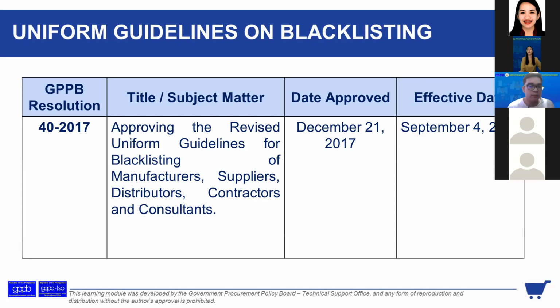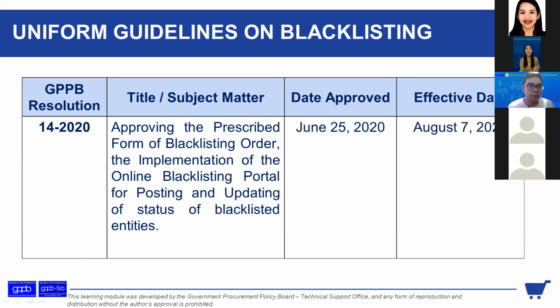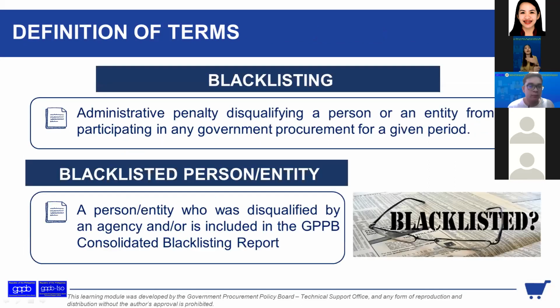What is the difference between blacklisting and suspension? So, ganito na lang. Blacklisting is an administrative penalty, whereas suspension is an interim penalty. Blacklisting is an administrative penalty disqualifying a person or an entity from participating in any government procurement for a given period. Okay?